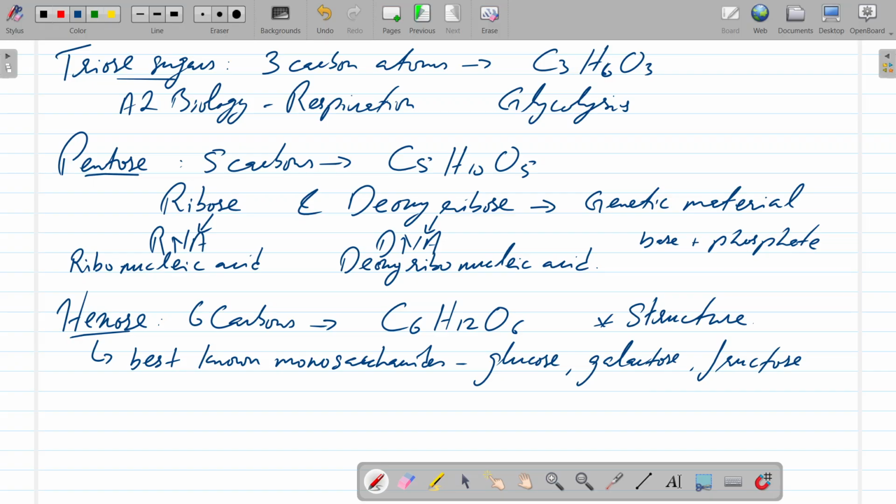So these three are the monosaccharides. Now, what is their three-dimensional structure, or how do they appear? The shape.